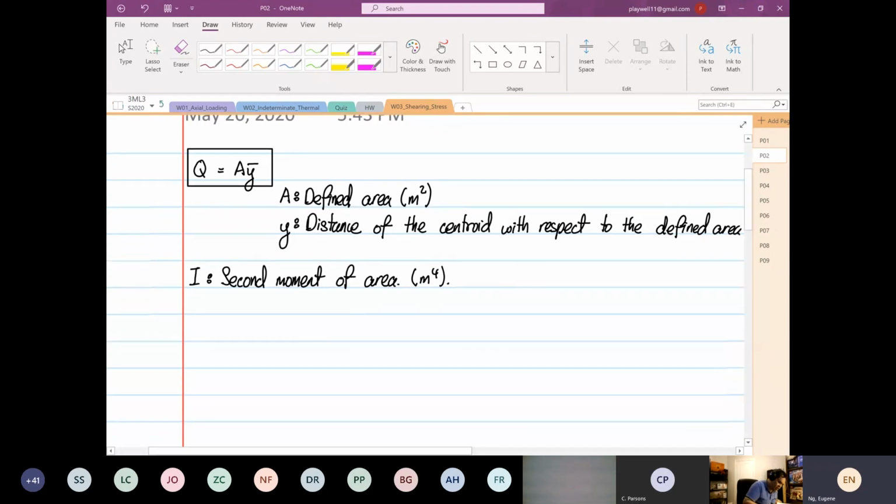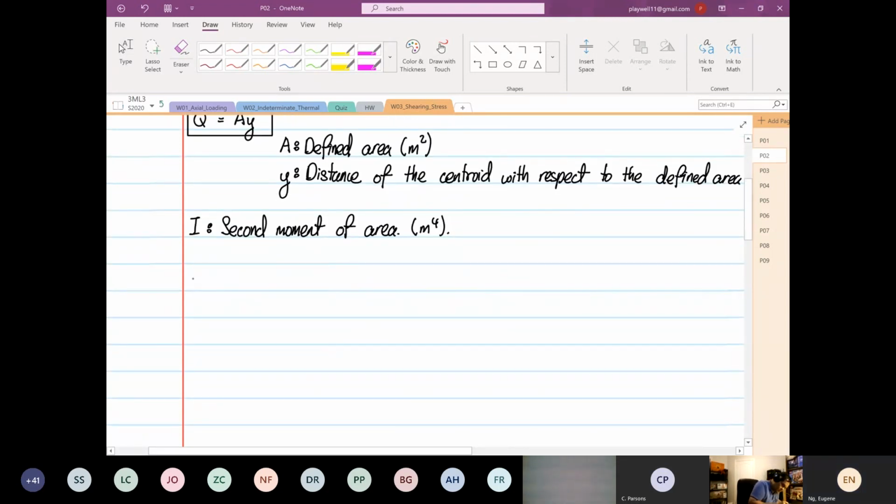And then if you look at the shearing stress, right? The shearing stress is equal to VQ over IT. So it's very similar to the shear flow. The only thing that's different is your what?